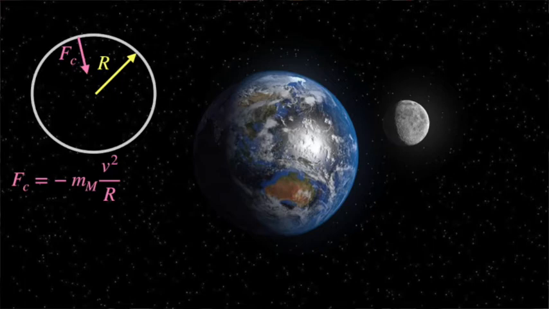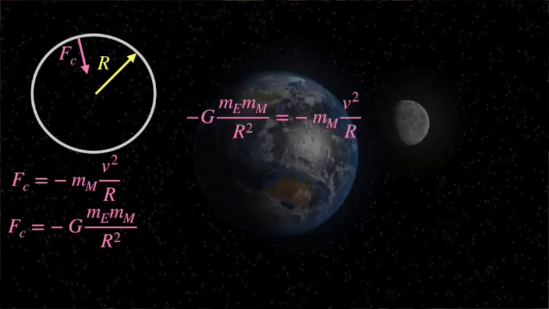But the centripetal force in this case is the gravitational force, the only force between those objects. Now we know the expression for the centripetal force. F is equal to G times mass of the Earth times mass of the Moon divided by the distance between the Moon and the Earth squared.